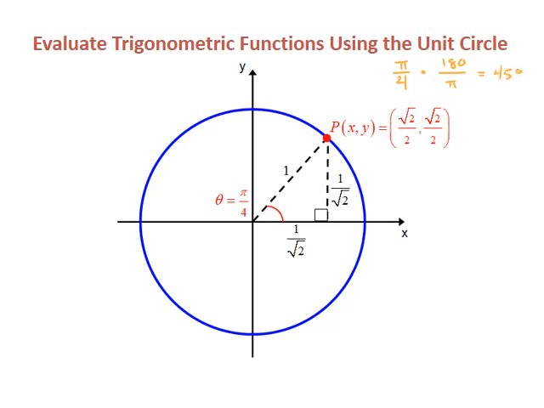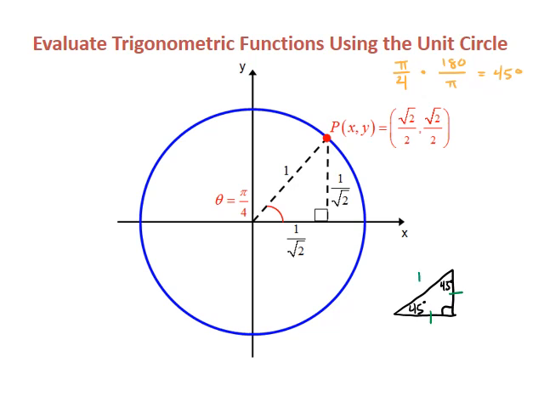Well, if you have this triangle in here, and this is 90 degrees and this is 45 degrees, then this angle must also be 45 degrees. You may recall from geometry that if you have a 45, 45, 90 triangle, these sides are congruent.